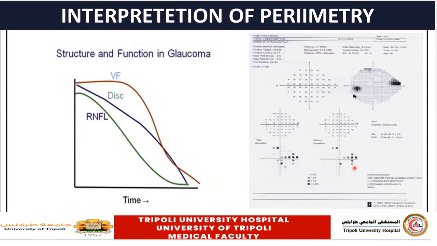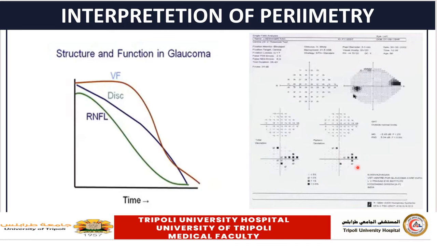And here I should emphasize that your duty is to determine whether there is an abnormality that is statistically significant or not, and never give a diagnosis just based on the perimetry printout. After determining the abnormality, and you say that it is statistically abnormal, now you should compare this finding with the clinical findings.